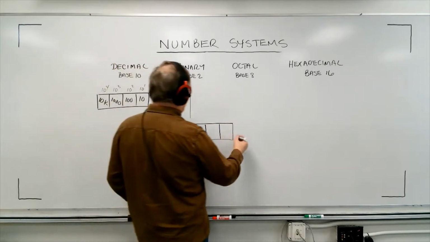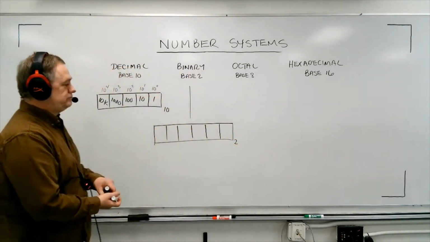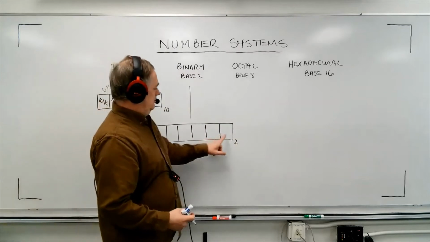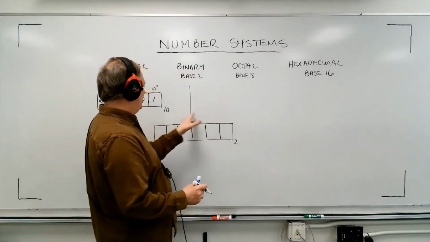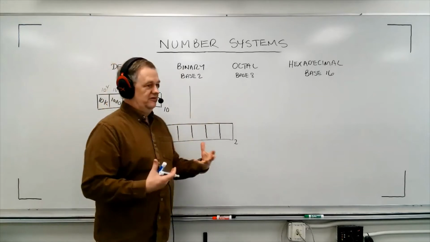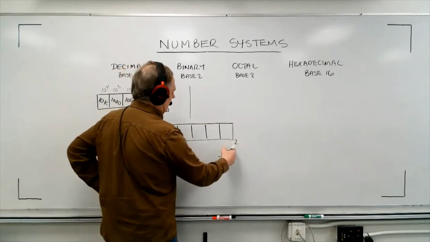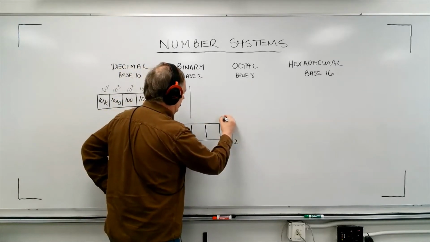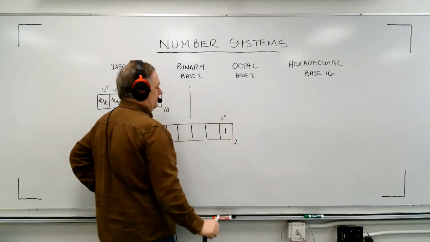Now, if this is base 2, that means that if I look at these spaces, I say, how much is this space actually worth in terms of how many items I can count with that space? This is how we look at it. We go 2 to the power of 0, which equals 1.